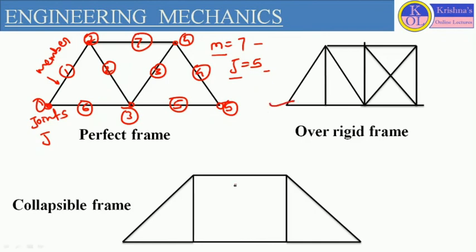This diagram is representing an over rigid frame or over rigid truss, and this diagram is representing a collapsible frame or collapsible truss. In the next lesson, I will discuss mathematical conditions of trusses and frames, so you will better understand the concept of perfect frame, over rigid frame and collapsible frame.